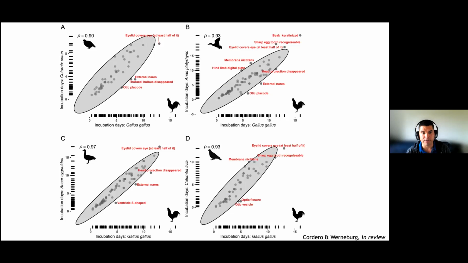And then we also find very strong congruence when we compare, for example, quail, which is another popular domesticated breed, and also used sometimes in developmental biology, as well as duck, which is in panel B. Quail is in panel A. And panel C, we compare to the domestic goose. And overall, we see a lot of congruence, a few shifts that we cannot really explain, and we think it's mainly due to sampling error.